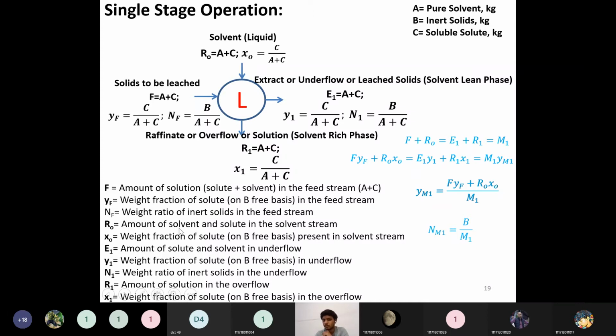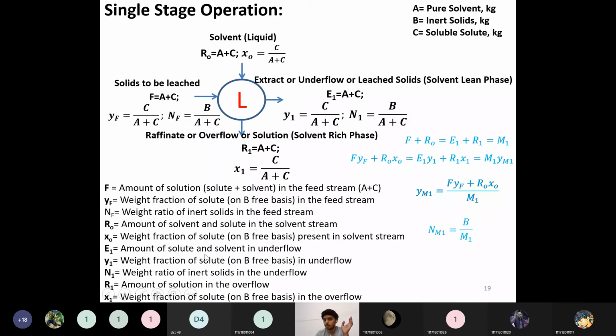Then R naught is the amount of solvent and solute in the solvent phase, or we can say the amount of solution in the solvent phase. So R naught is equal to A plus C. Then X naught is the weight fraction of solute on B-free basis present in the solvent stream. So this is very important: the weight fraction of solute with B omitted. Then the next stream is E1.